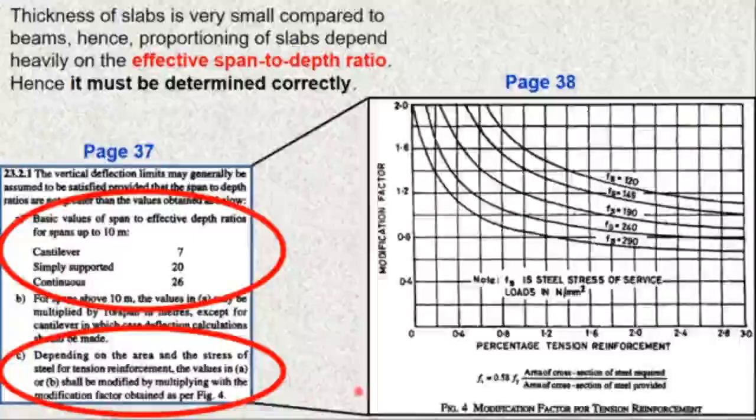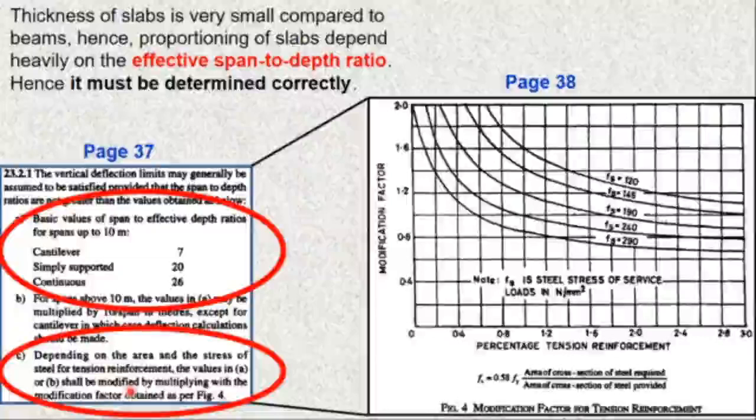Figure 4 is also given alongside, on page number 38. You see, in case of slabs, it is not enough to restrict the effective span to effective depth ratios to these values. You have to modify these values suitably to fit the case of slabs, for which you need to follow this additional condition, by which you can determine the modification factors.